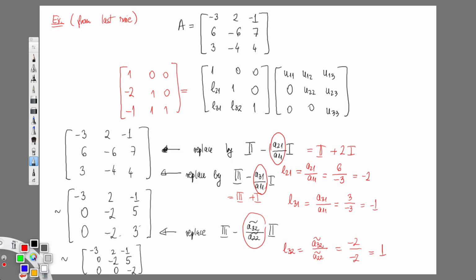And this is my U. Who has MATLAB open? Can you multiply L and U, please? Multiply L and U.